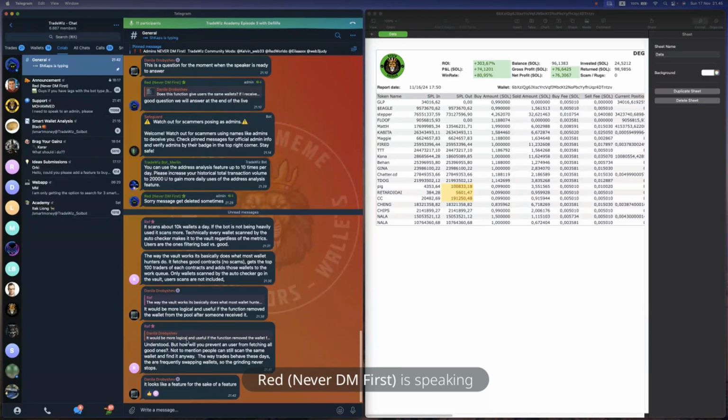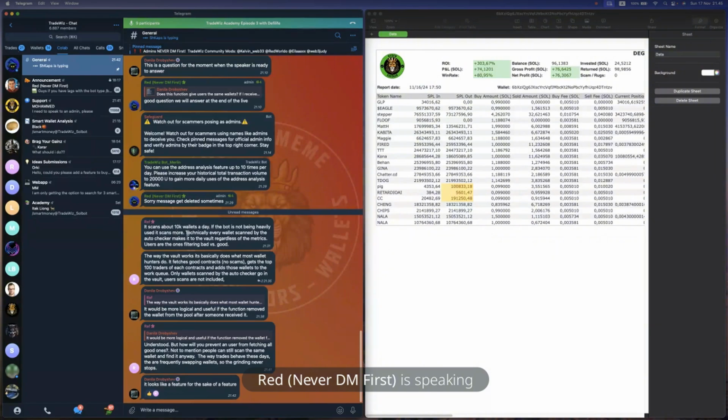So I will read his answer. The question was about if people have the same settings, will they get the same wallets? And also how many wallets are presented every time. So it scans about 10K wallets a day. If the bot is not being heavily used, it scans more.